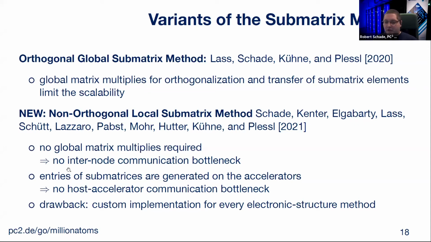And the entries of the submatrices are not transferred from other nodes or generated on the CPUs, but they're directly constructed on the accelerator, which eliminates the host-accelerator communication as a bottleneck and makes the method more efficient and more scalable. However, this now has to be implemented individually for every electronic structure method. In this case, we use the xTB approach, and we're planning in the next months to extend it to DFT.